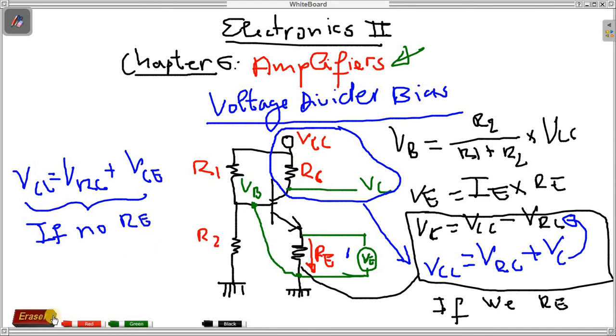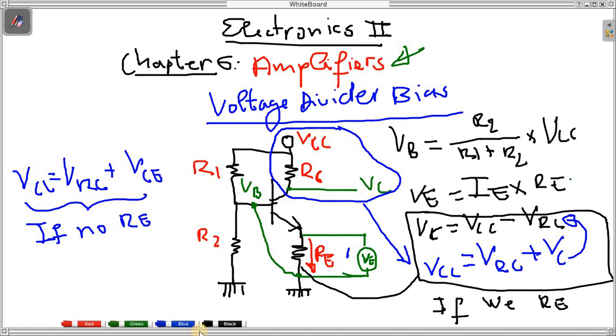So what else? Something else that we learn also: we learn about beta DC. Sorry, we learn about R in base.